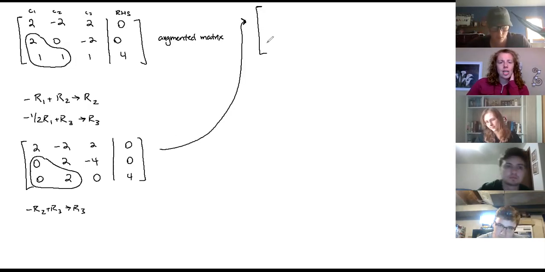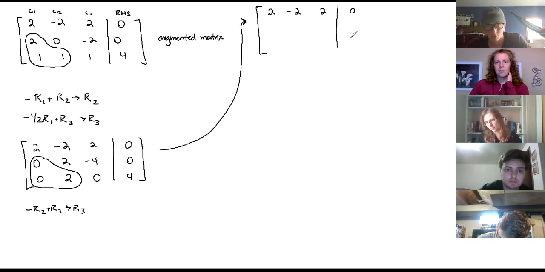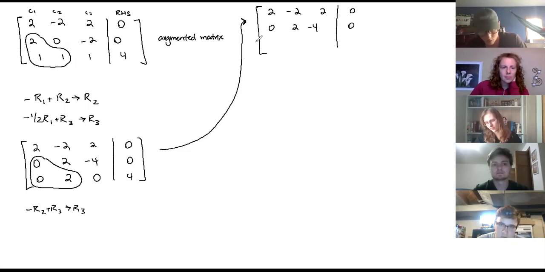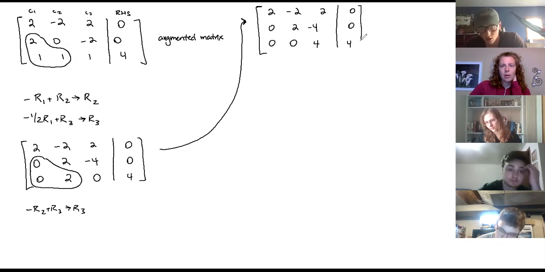So row 1 isn't changing. That stays the same. 2, negative 2, 2, 0. Row 2 isn't changing. That stays the same. 0, 2, negative 4, 0. And then I'm going to have 0, 0, 4, 4.